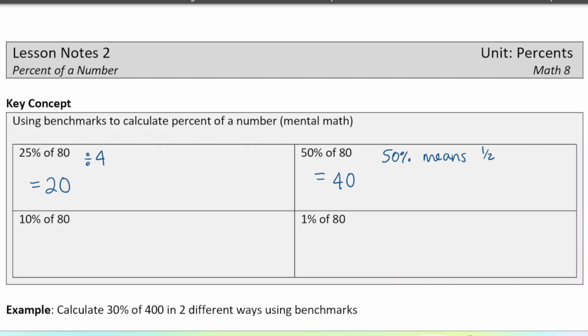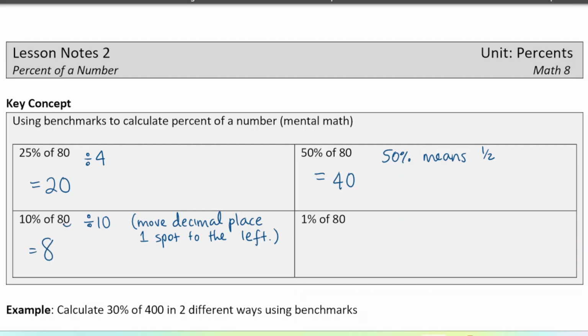Okay. 10% and 1%, there's a nice little trick for these. 10% of a number is like 1/10 of that number. We divide it by 10. We can move the decimal place 1 spot to the left. So 80 divided by 10 is 8.